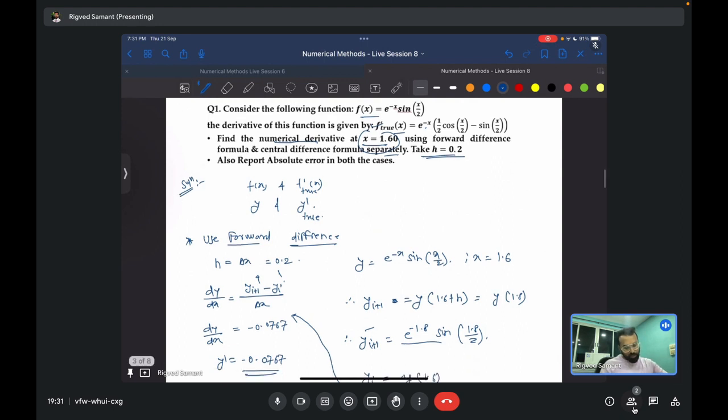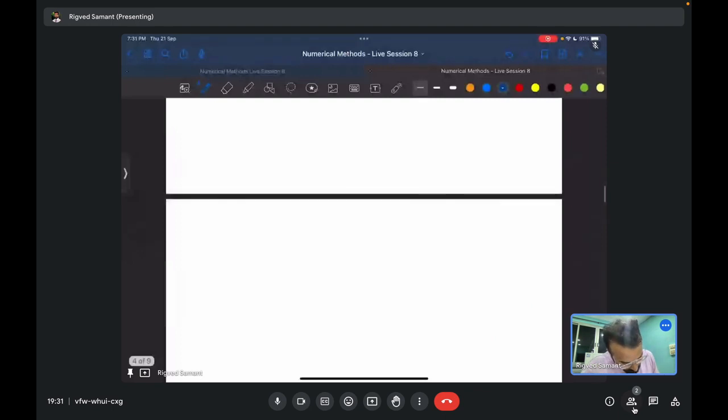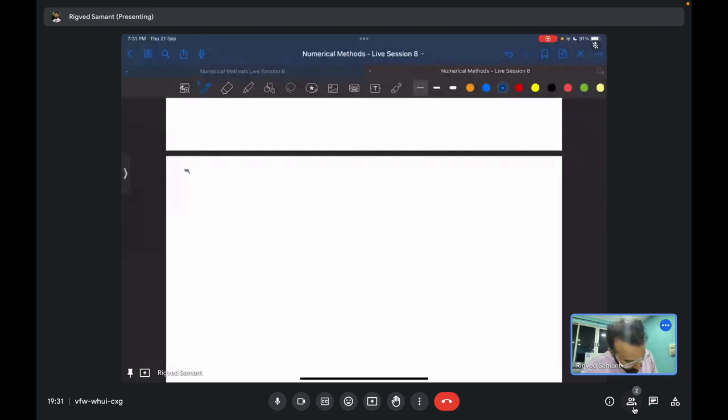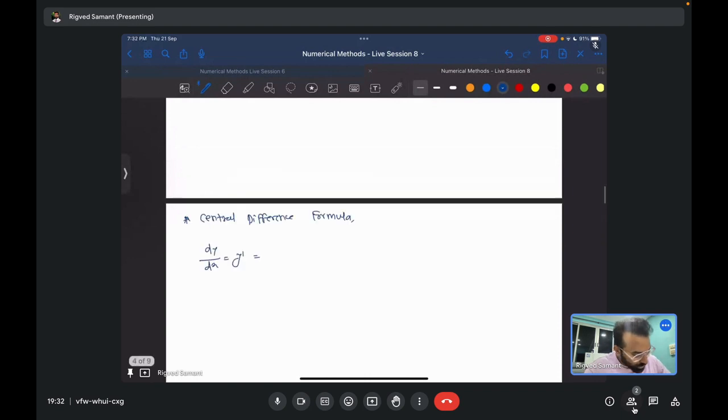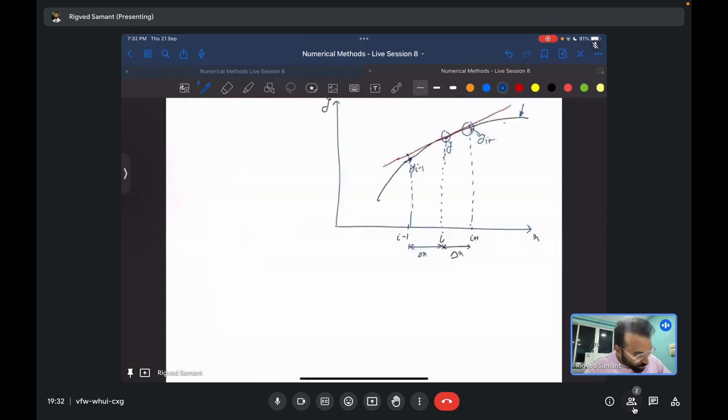Now second, it has asked you to use the central difference formula, and they have asked you to keep h is equal to 0.2 only. So for the central difference formula, dy by dx is given by, in central difference you will use the end points, these 2 points, right?